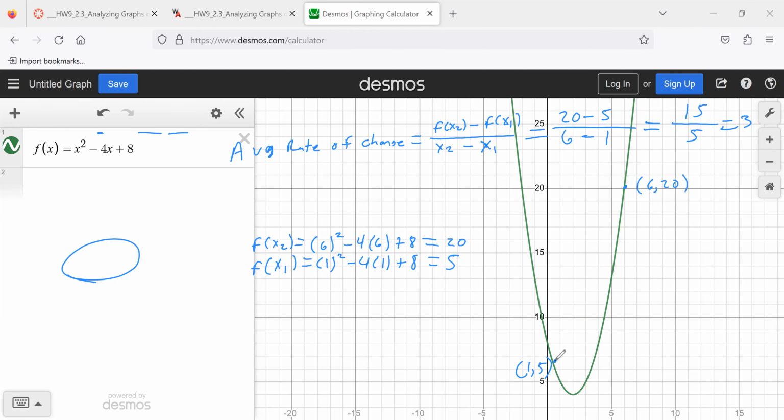So the slope of the secant line is basically, this is the idea, you connect 2 points. And you try to find what is the average rate. Let's use this.